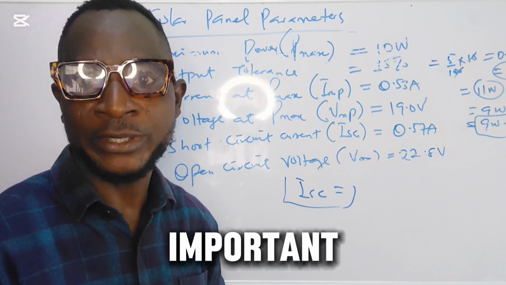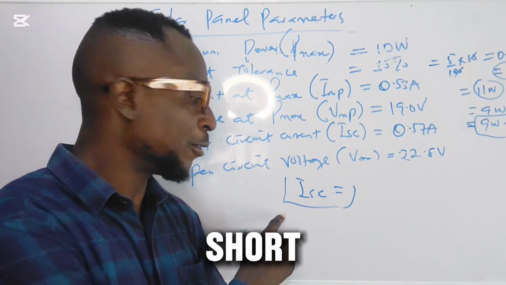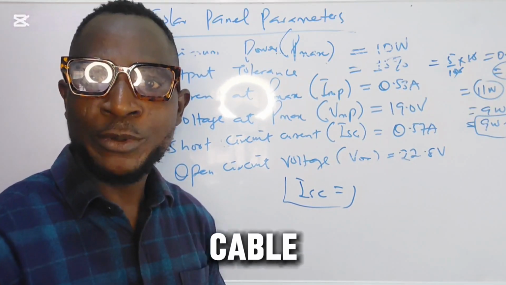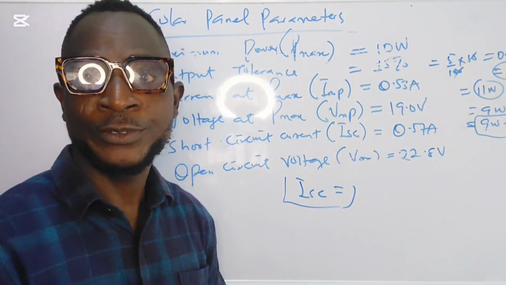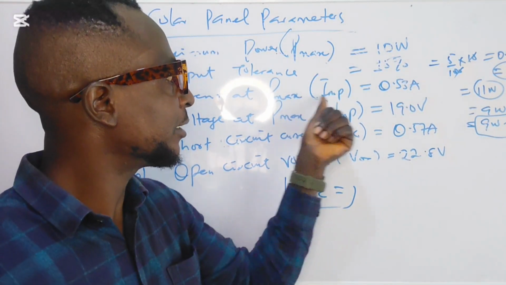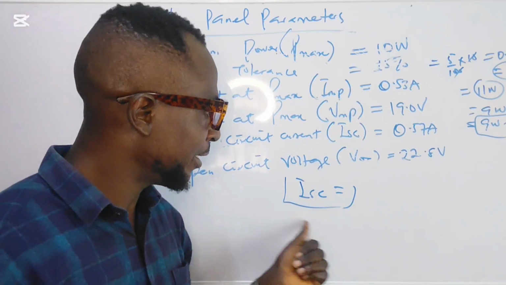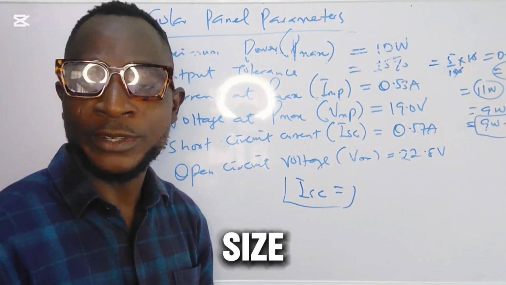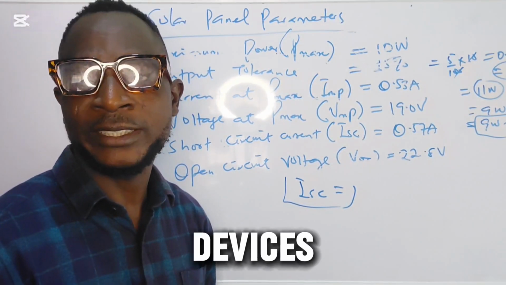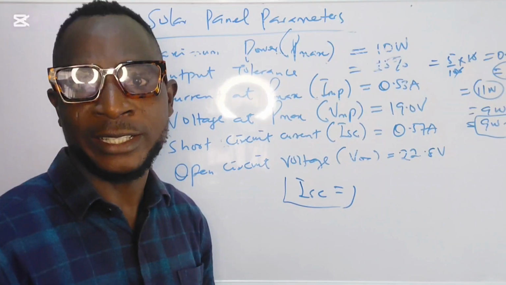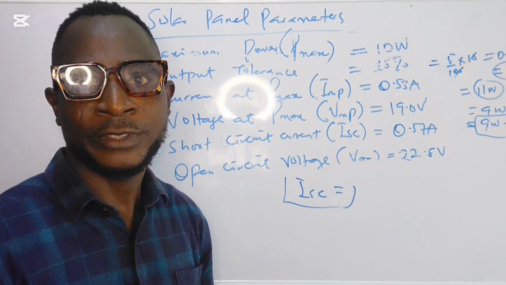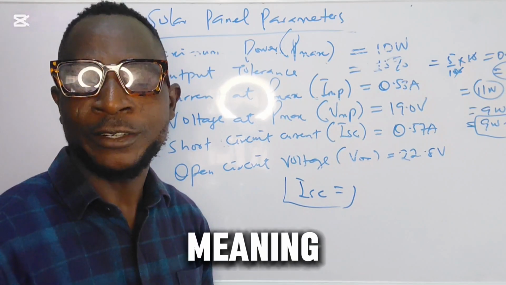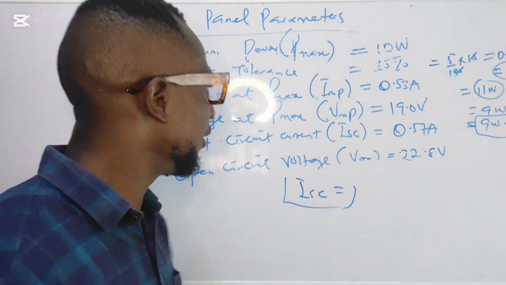It is very important because if a short occurs, your cable should be able to withstand the current that will flow. So do not use the Imp to size your cable. This is the main parameter that should be used to size your cable and other devices, your circuit breakers and the protectives. That is the meaning of short circuit current.